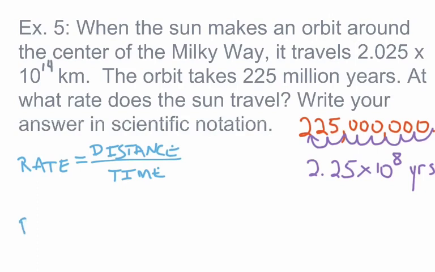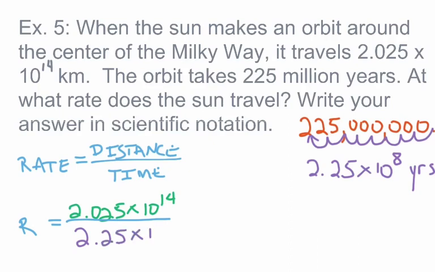So R for rate is going to be equal to 2.025 times 10 to the 14th over 2.25 times 10 to the 8th. I'm going to kind of draw a dividing line.